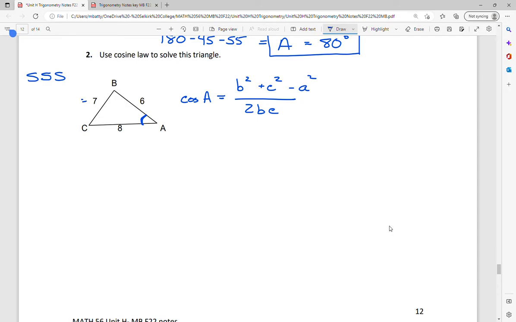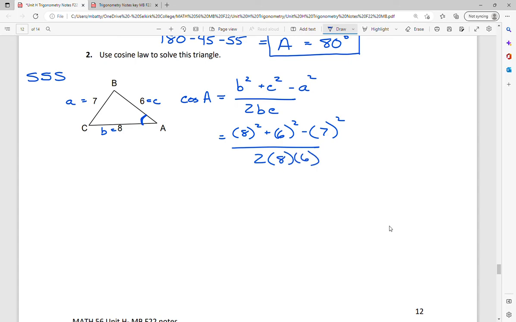Subbing everything in, it might be worth labeling this because I make mistakes, right? B is 8 squared plus 7 squared minus, oops, I did that wrong. My goodness, see? This is why I try and slow down. What is that? 6 squared and 7 squared all over 2 times 8 times 6.